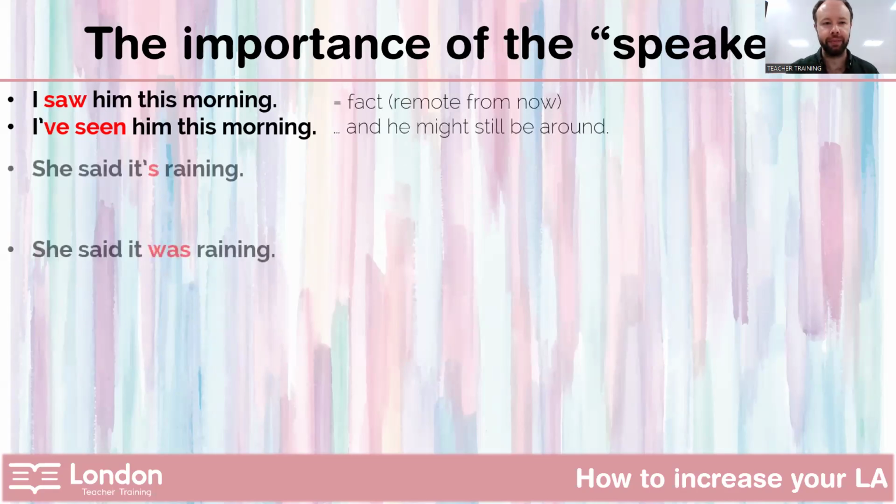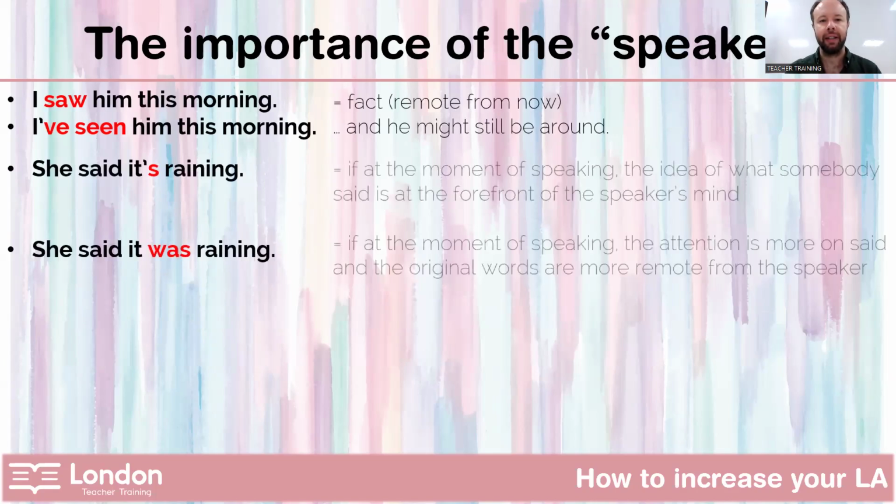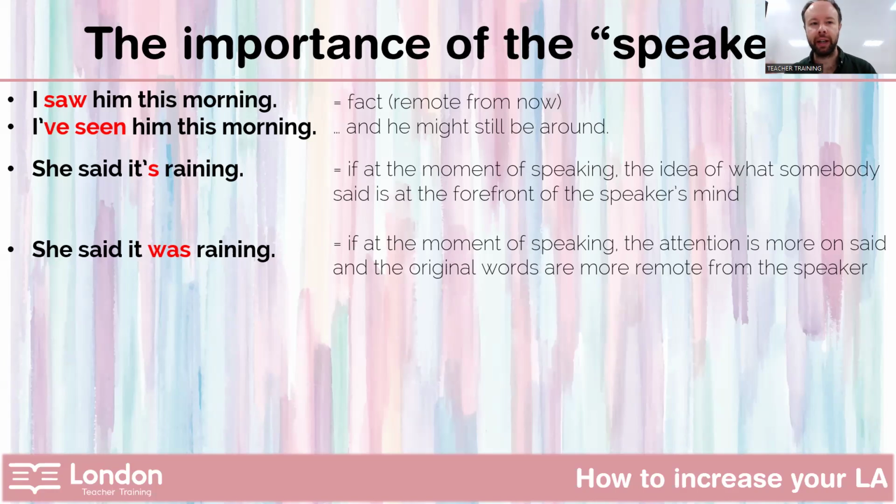Well, actually, we've got a couple of others. She said it's raining. She said it was raining. And with these, they convey the same details. However, a choice has been made to use one and not the other. And when you examine these choices, it can get quite interesting.